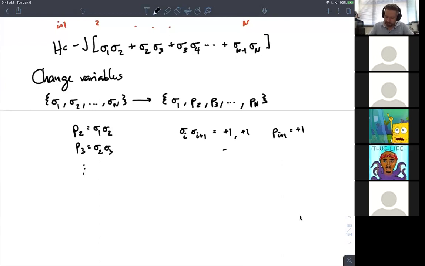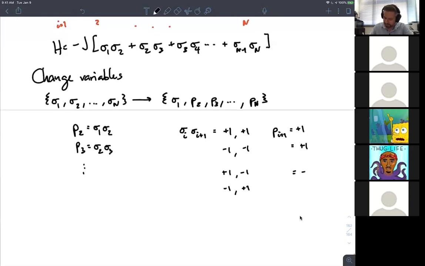If they are both negative, then you also get plus 1. It's only if the spins switch, going from the first one to the second one, that is, either plus 1 going to minus 1 or vice versa, that this P variable is negative 1. So in other words, the P variable is telling you whether or not the spins are switching as you move from i to i plus 1.